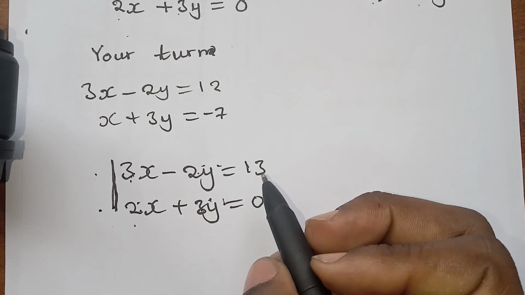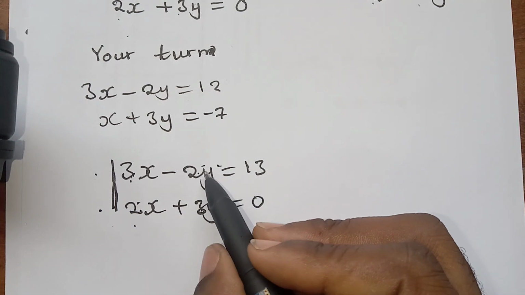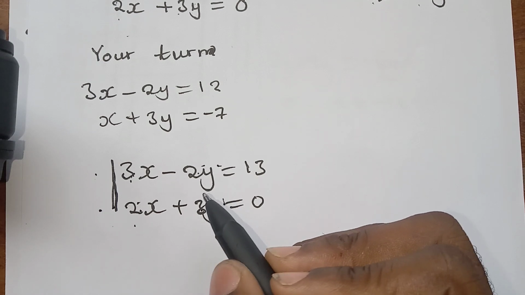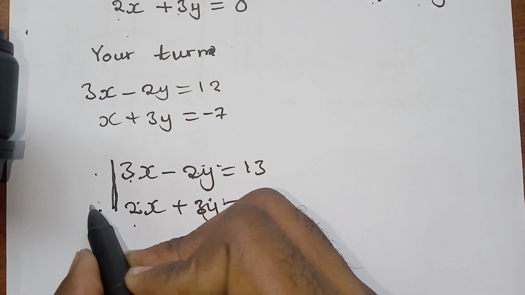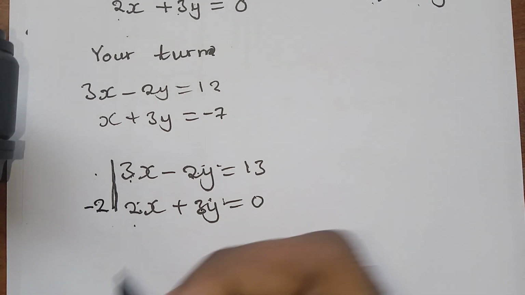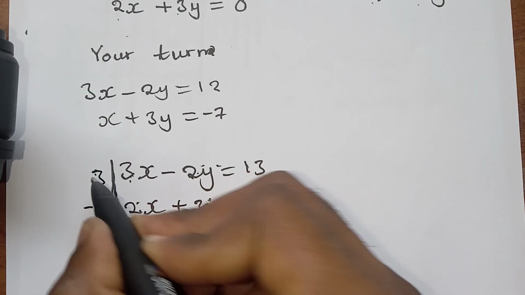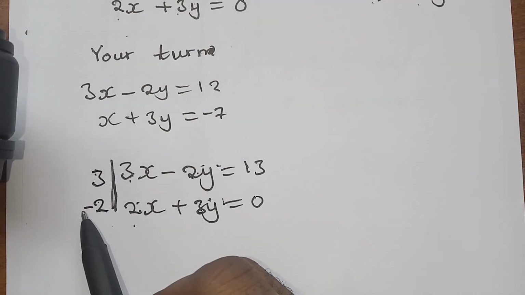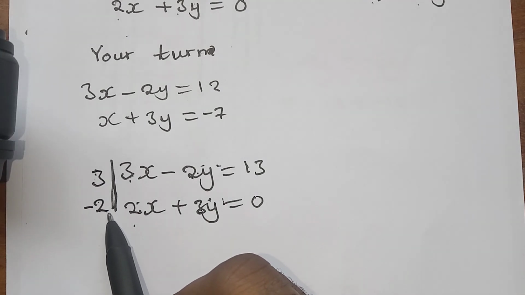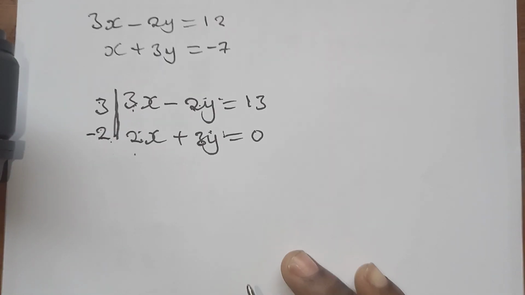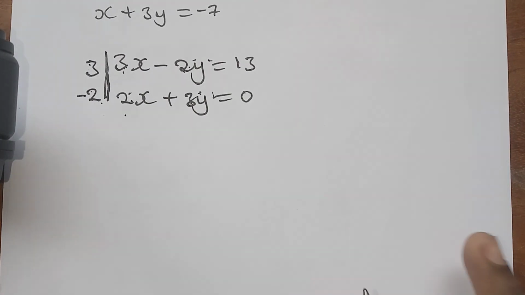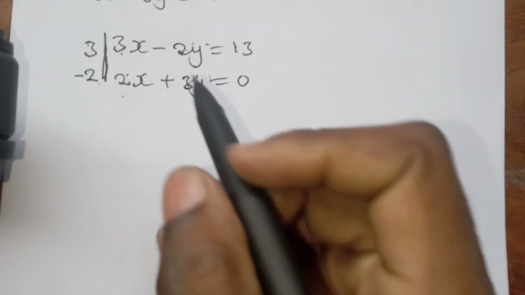So let's say I want to eliminate my y because I love my x. I can write a -2 here, and then I can write my 3 there. It's still okay if you just get it as a 2 without a negative. Just make sure that you use the appropriate sign to eliminate it.